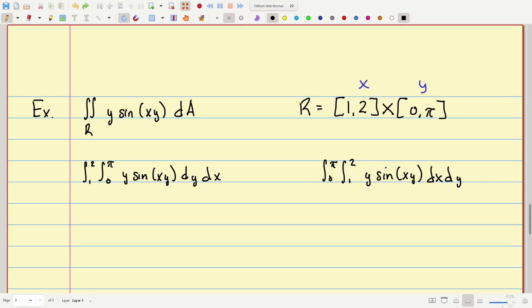Looking at this side, how do I integrate that? Integrating with respect to y, right? How would I integrate this? With respect to y?